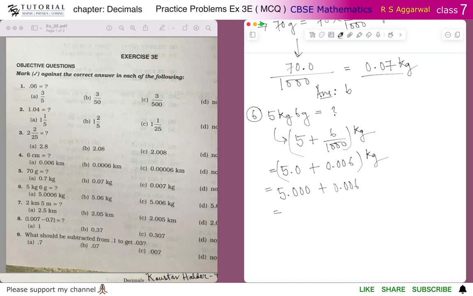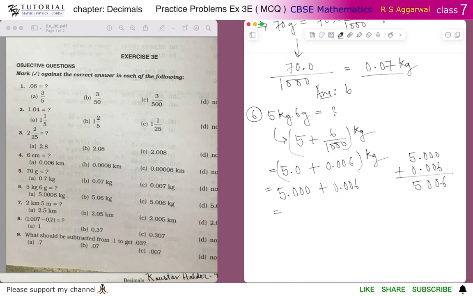Now we write the decimal numbers in column form, so that the decimal point and the respective digits of the decimal part and the whole part are in the same column, and then we do addition just like whole numbers. So this becomes 5006, and we put the decimal point directly below in the same column.